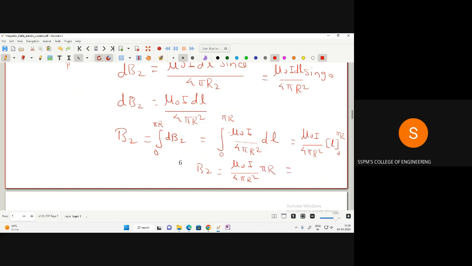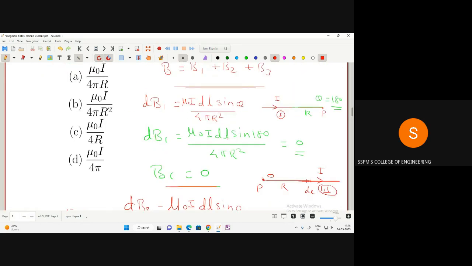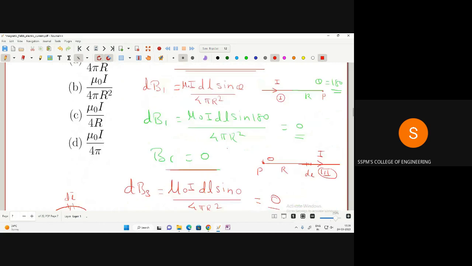So pi will be cancelled and r from the numerator will cancel, and at the denominator it will be only r. The final answer for B2 is mu 0 I divided by 4r. So we got B2, where B1 is 0, B3 is 0. So what is B?